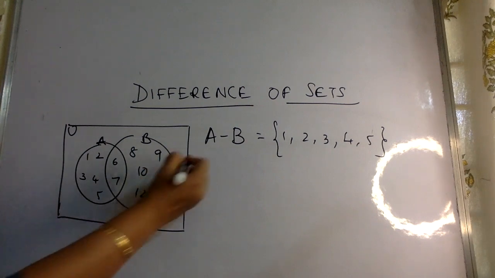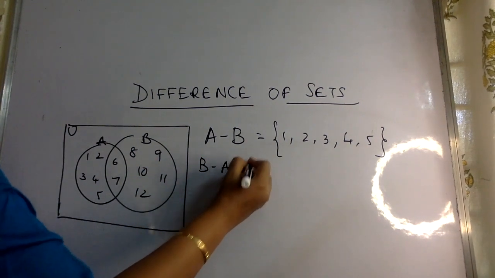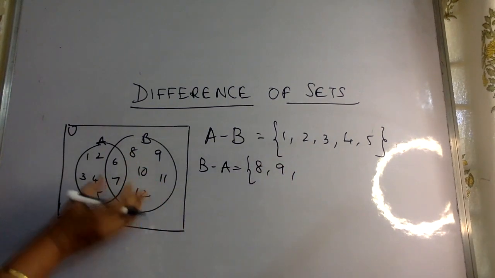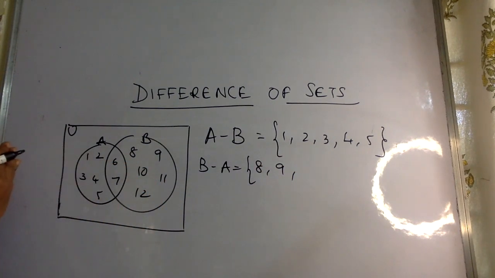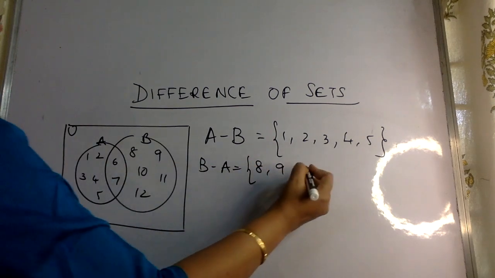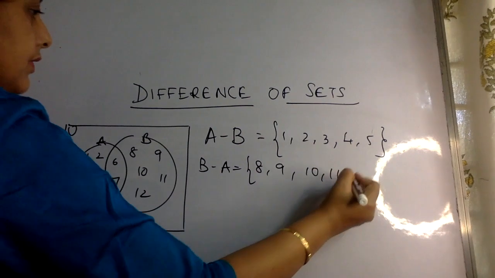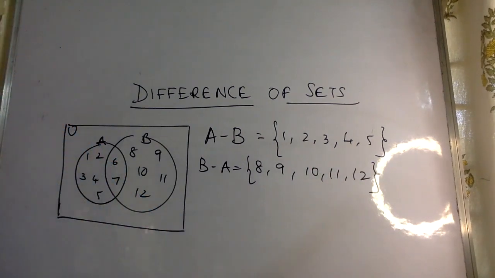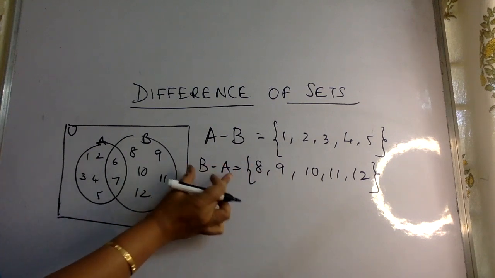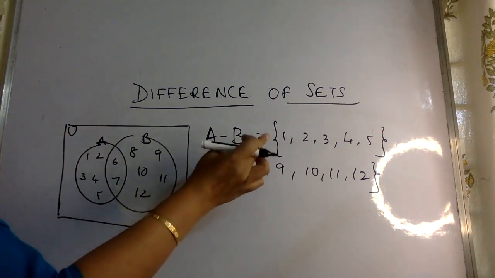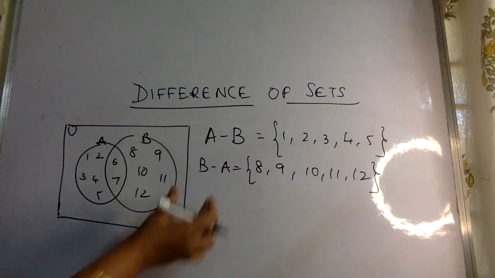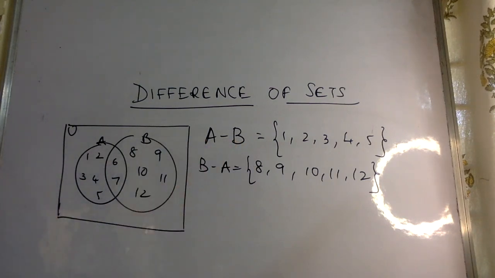B minus A is again 8, 9, 10, meaning from B we are taking out everything that is there of A. So 8, 9, 10, 11, 12 are the elements for the set B minus A. 1, 2, 3, 4, 5 are the elements for the set A minus B. As I said, they themselves are also sets.